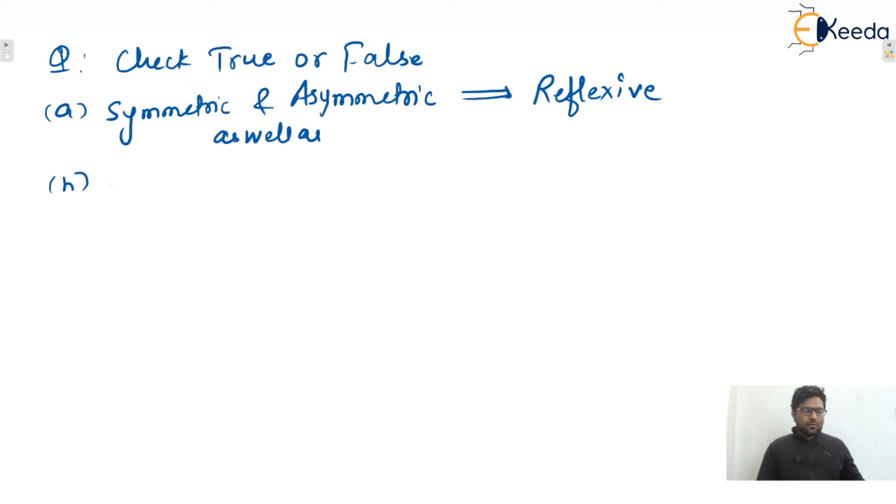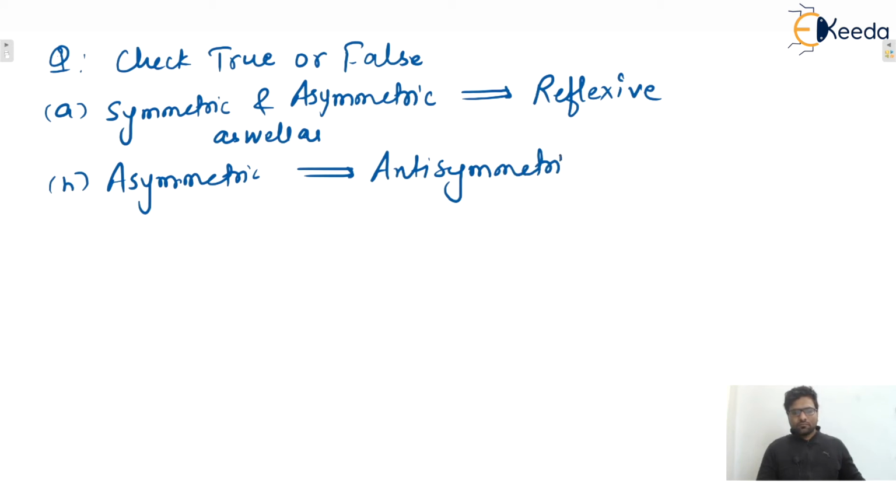Second one: asymmetric implies antisymmetric. C: antisymmetric implies asymmetric.